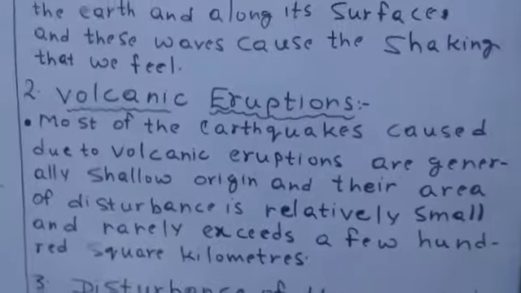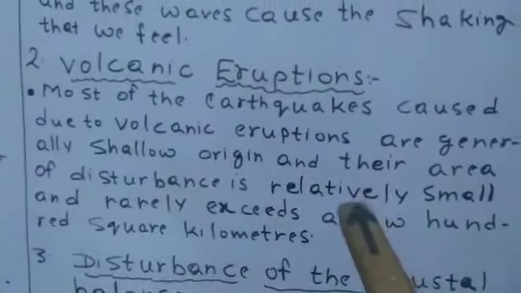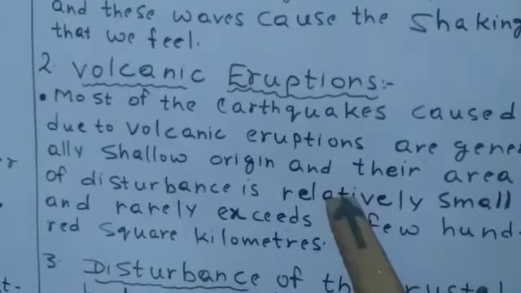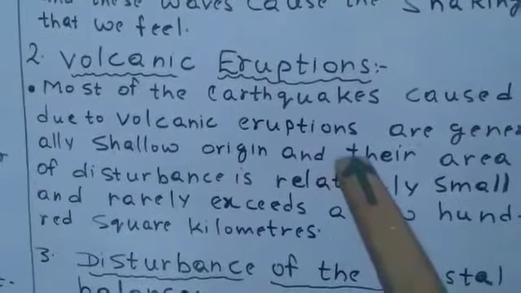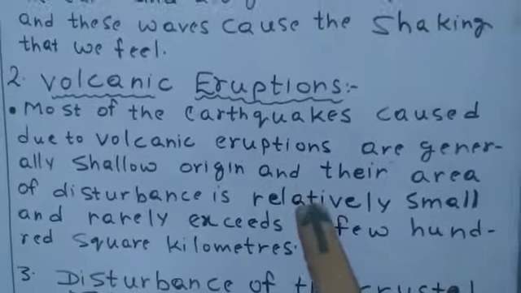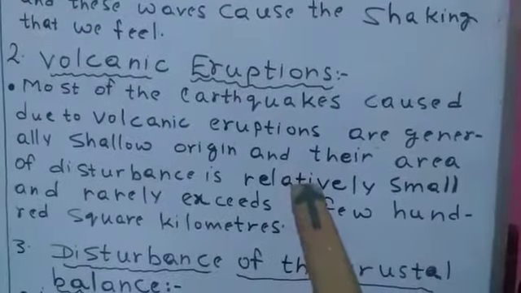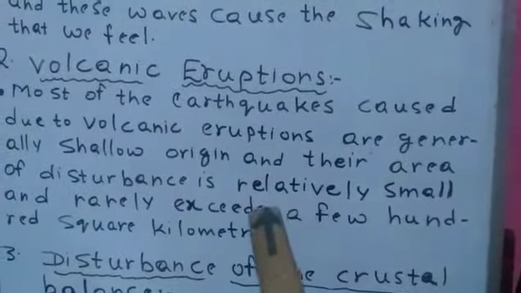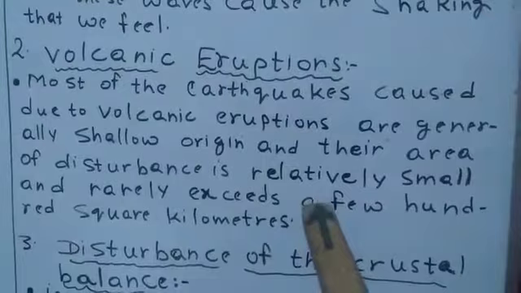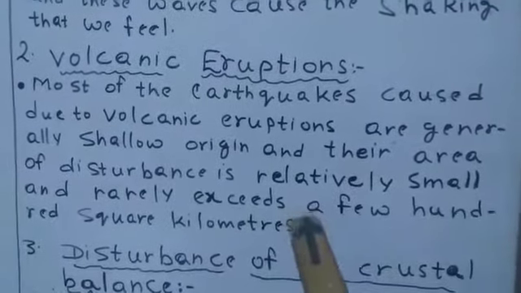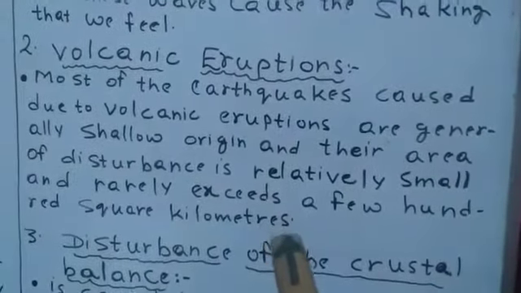Now, the second cause of earthquakes is volcanic eruption. Most earthquakes caused by volcanic eruption are generally of shallow origin, and their area of disturbance is relatively small, rarely exceeding a few hundred square kilometers.